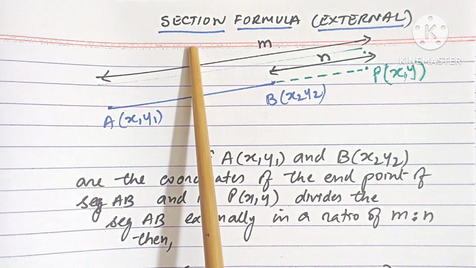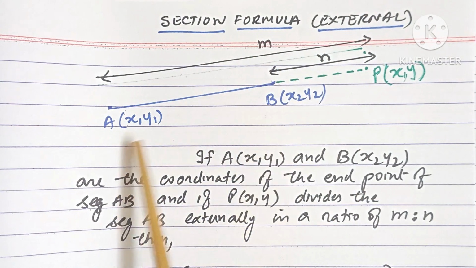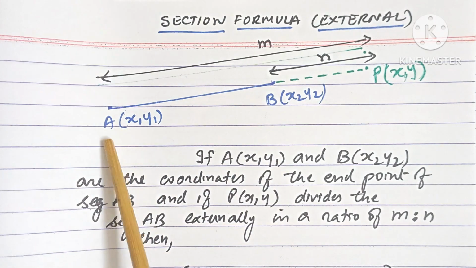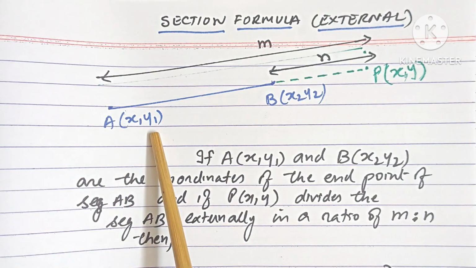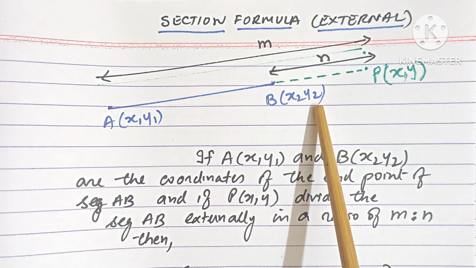Now let us study the section formula for external division. Now consider a segment AB and let the coordinates of A be x1 and y1 and the coordinates of B be x2 and y2.